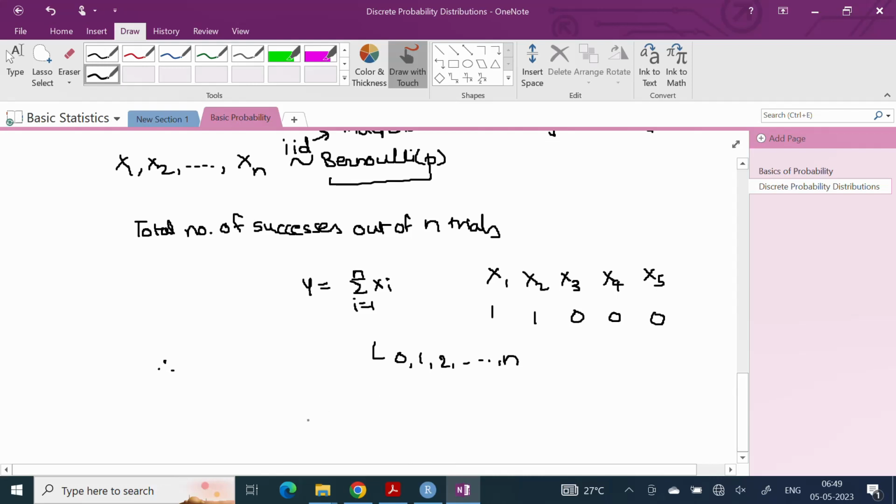In such a case, we say that y follows a binomial distribution with parameters n and p, where n is the number of trials, or the largest possible value, and p is the probability of success in an individual trial.